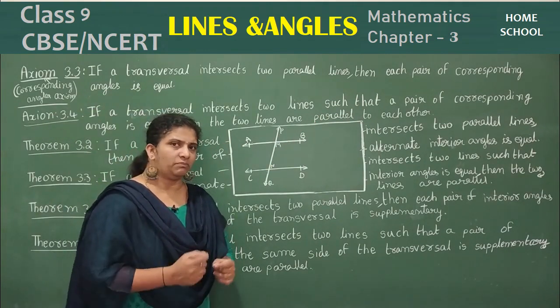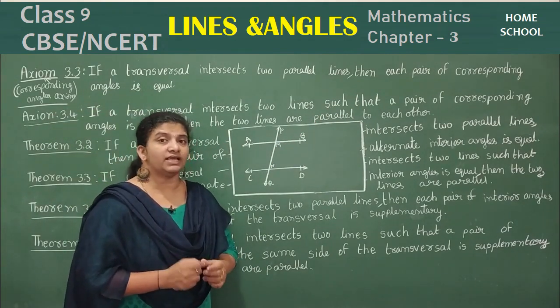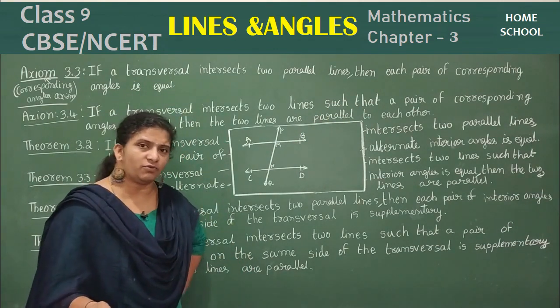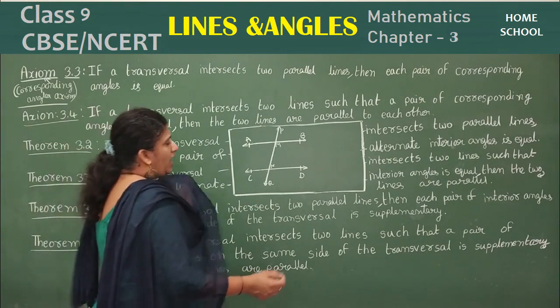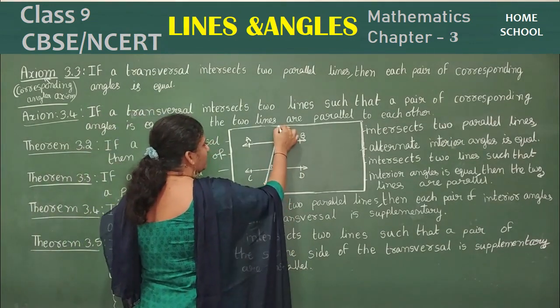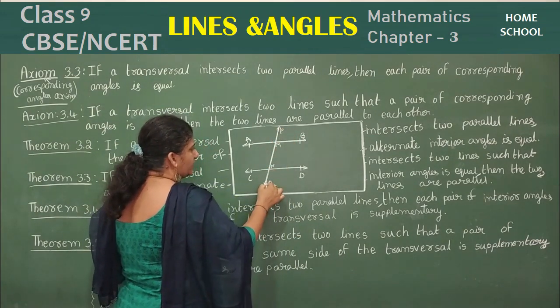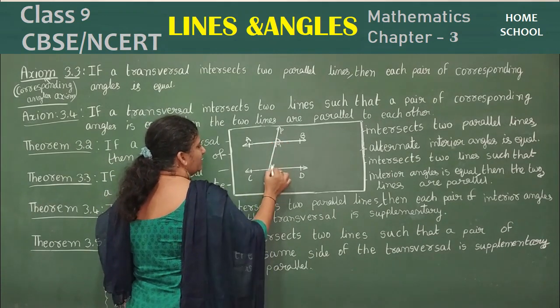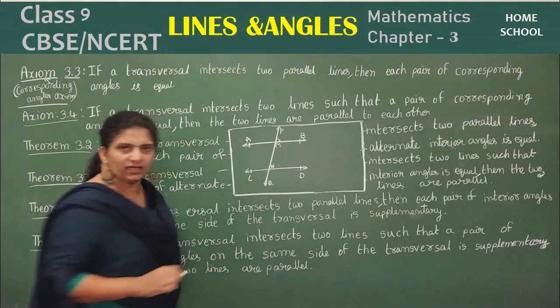What is this statement? We should know what a corresponding angle is. So now tell me, children, what are the corresponding angles here? I hope you all have remembered this. If this line is drawn across the two parallel lines, it creates angles.